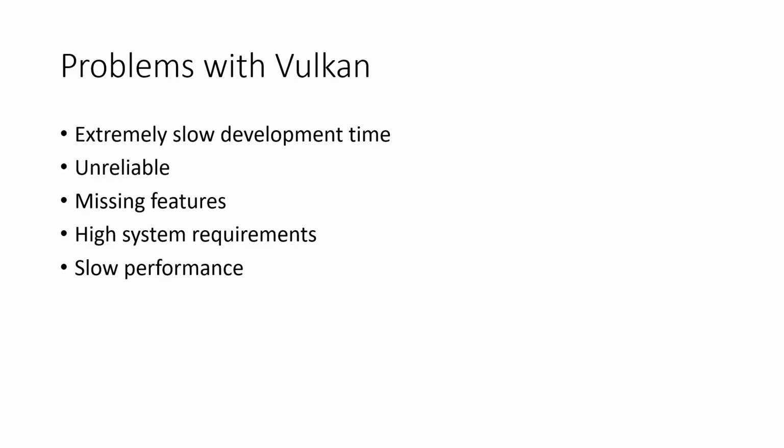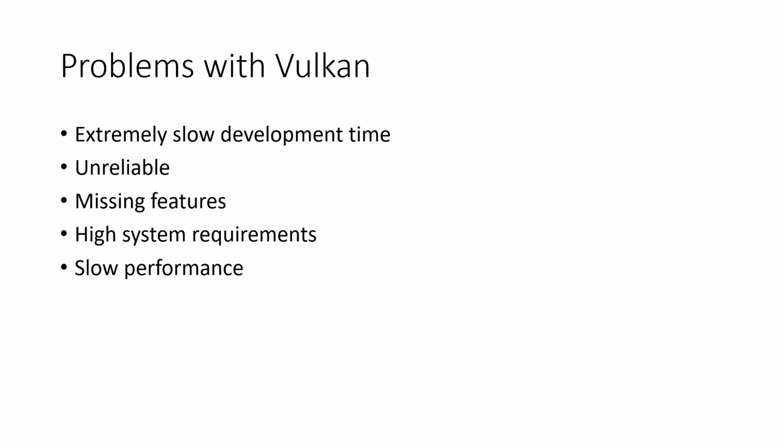And then, once we got to release, what we've seen is Vulkan is unreliable. We've seen things with Vulkan, not just in our software, but in other companies' software that we never saw with DirectX, we never saw with OpenGL, and I'll talk more about that in detail. Vulkan is missing some important features.